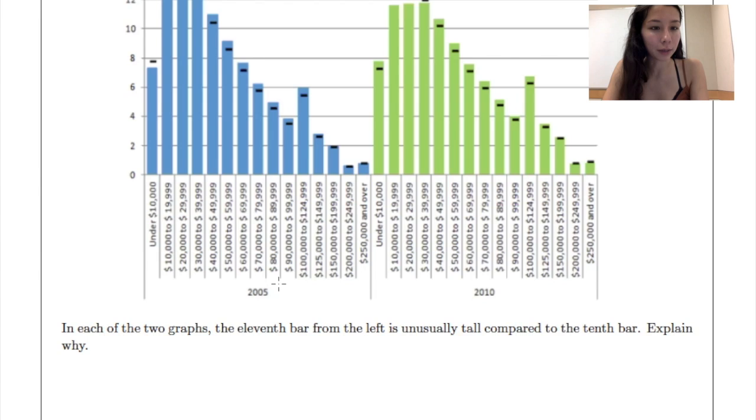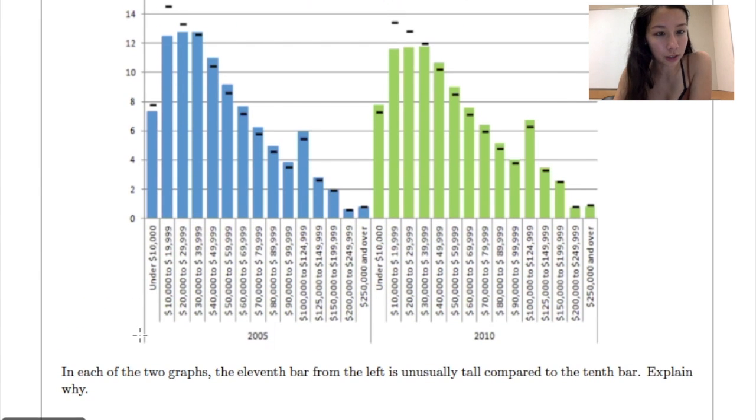So the first thing that I did when I saw this question is I looked at each of the bar bins, and I saw that the first 10 are going to be 9,999, but we're just going to call it 10,000 because that's easier. So this one's 10,000, this one's 10,000, etc. And then when we get to this 11th bar here, we see that it's going from 100,000 to 124,999.